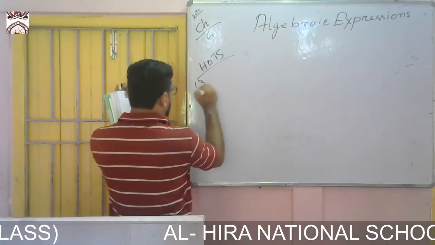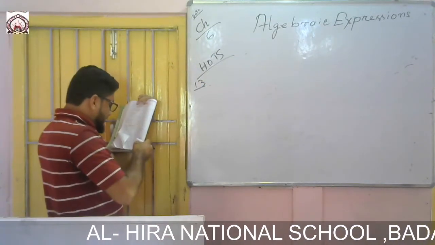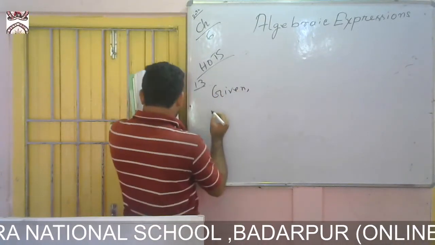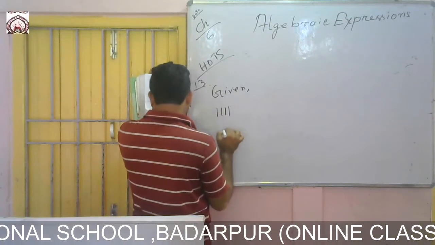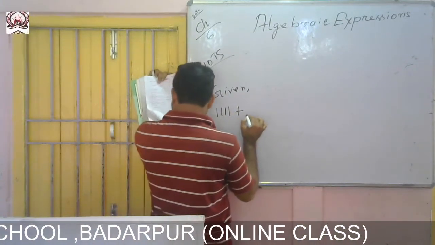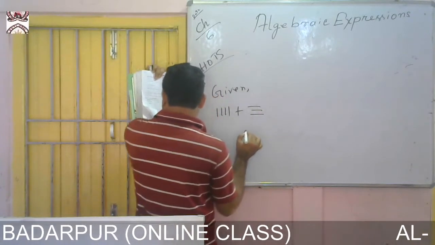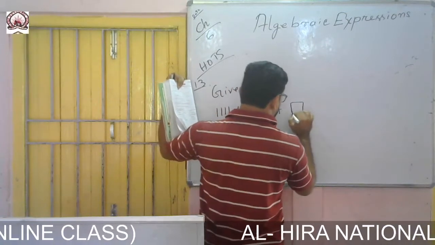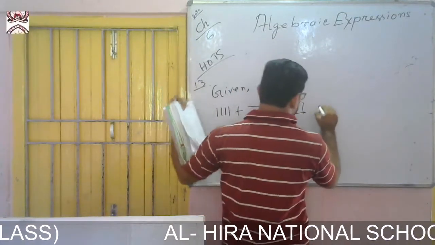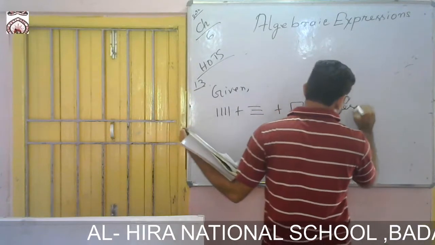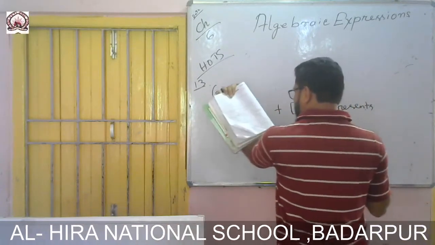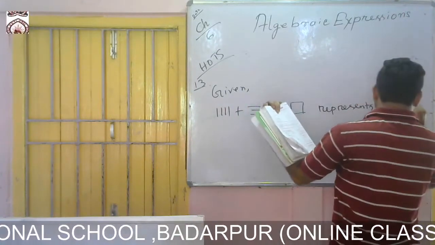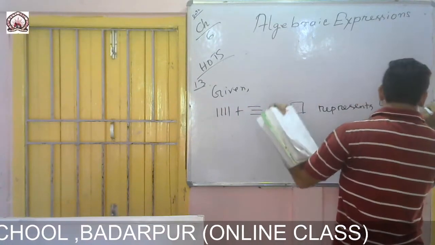Question number 13. See, given 4 horizontal lines plus 3 vertical lines, okay, plus 1 square box represents the expression 4x square plus 3y square plus z.